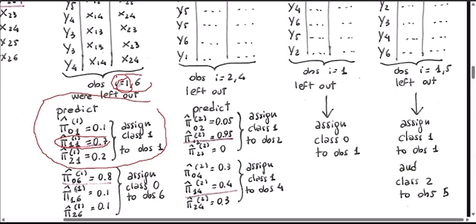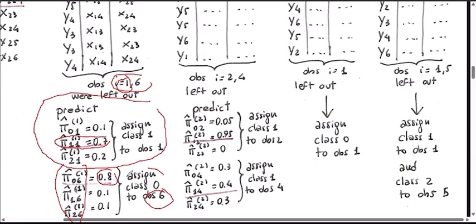Now I've assigned observation 1. It is time to assign observation 6. Then I derive another posterior probability associated with each of the classes. Of course, the maximum one is 0.8, which is class 0.